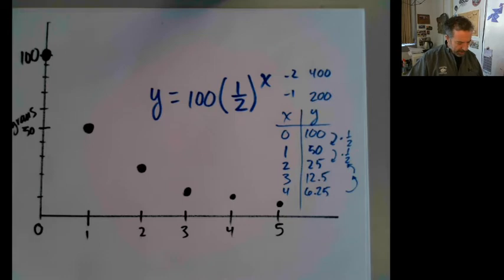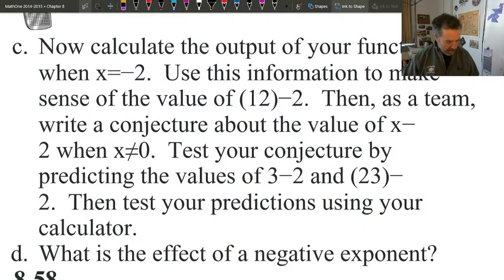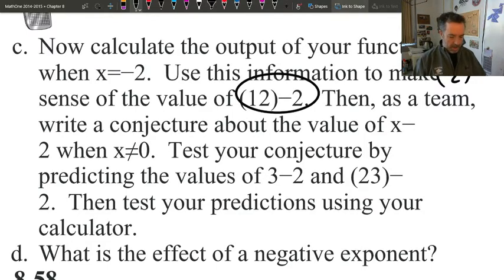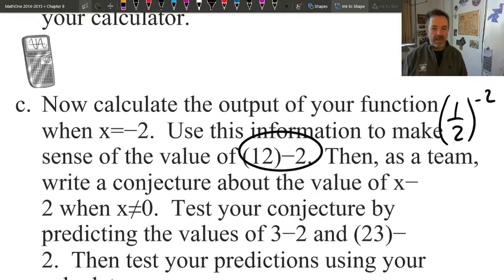But this is another typo that I'm not going to fix. Well, I can fix it. The typo is this value is supposed to be right here. That's supposed to be 1/2 raised to the -2nd power.